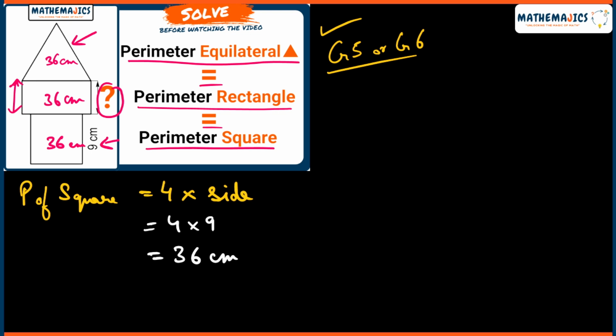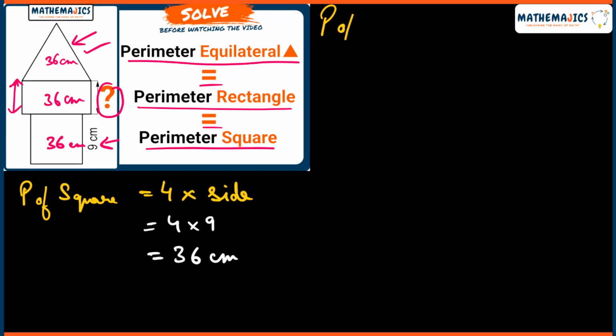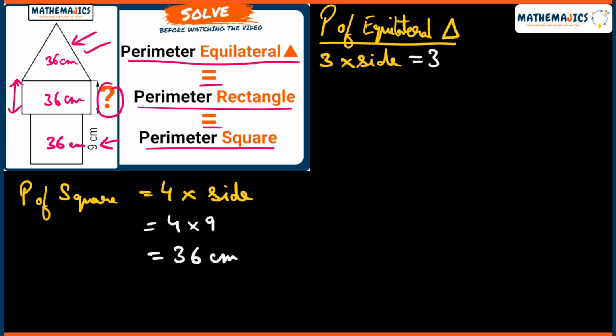Yes. After this, we will jump to the equilateral triangle. What is the perimeter of any equilateral triangle? It is 3 times the side of the triangle. Yes. So in this case, the perimeter that we have found out is 36 centimeters.